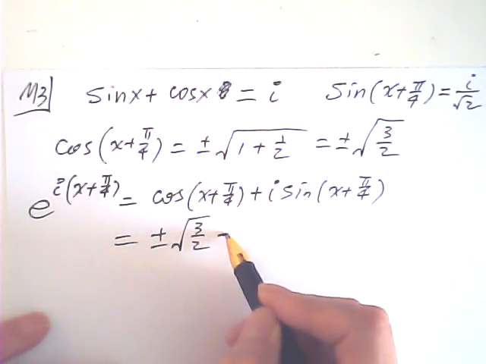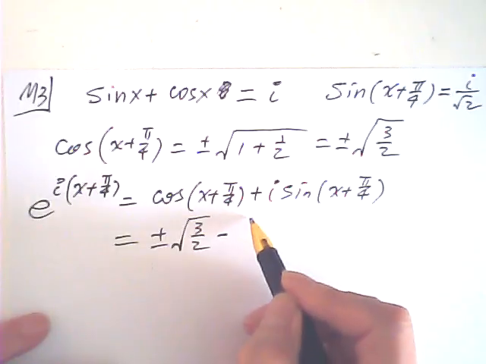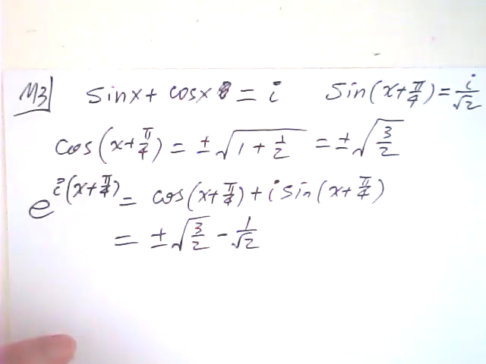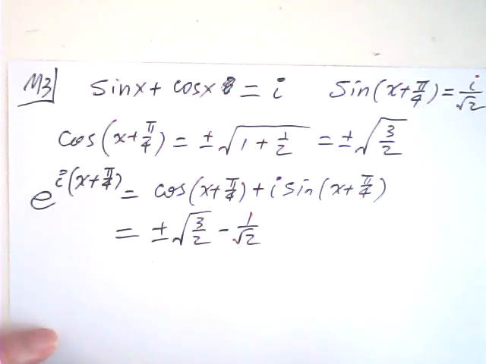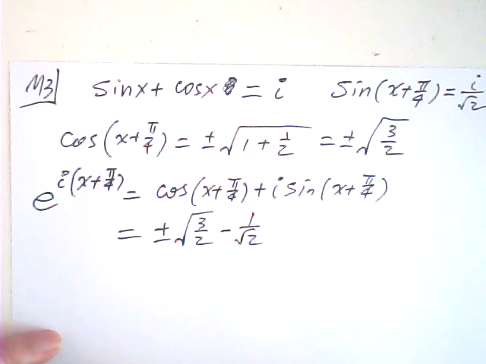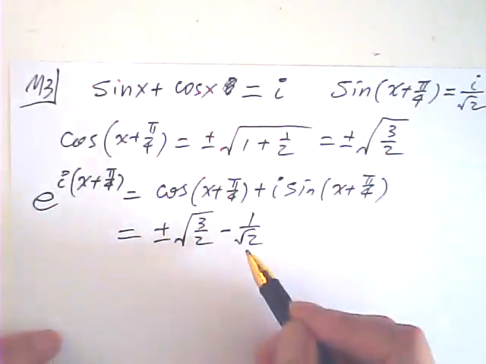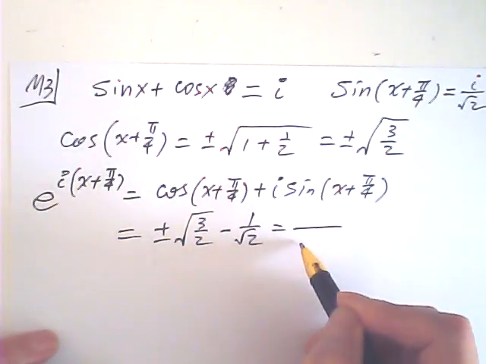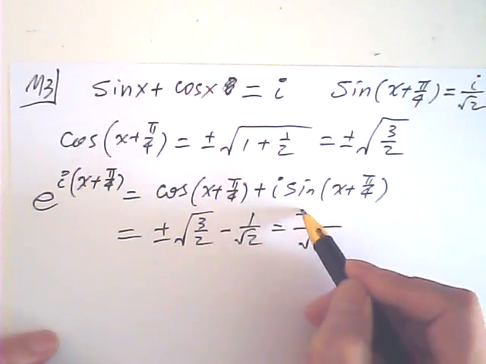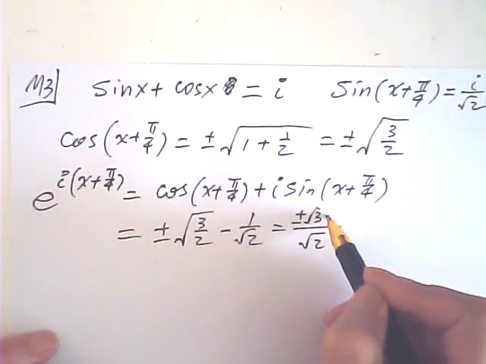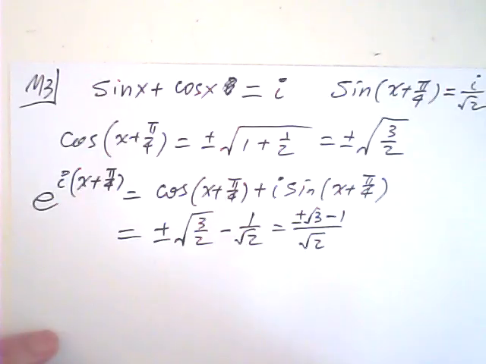So it's a negative 1 over root 2. Well, this is equal to root 2 plus or minus root 3 minus 1, isn't it?